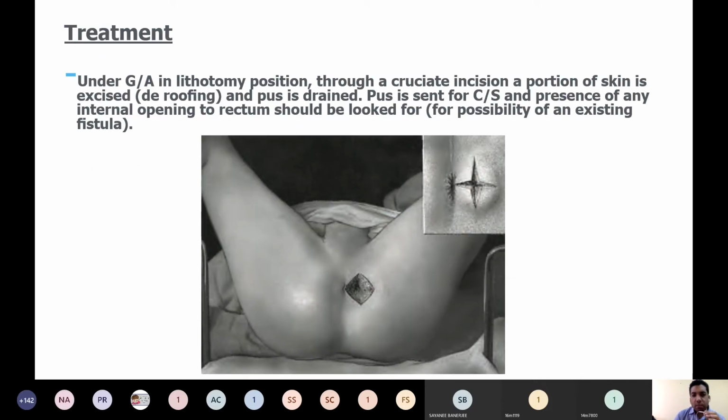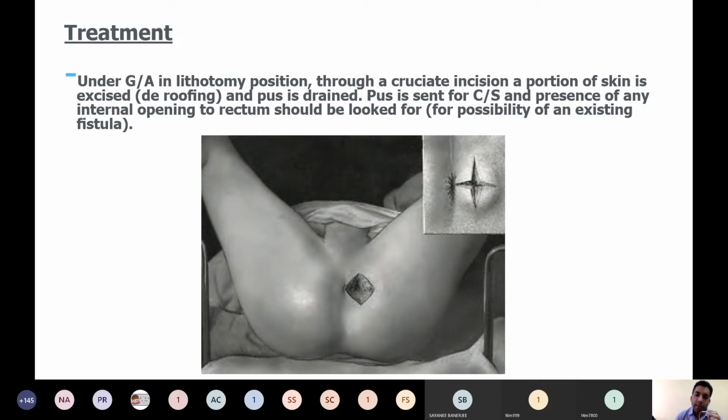Something which is deep seated, you cannot expect any fluctuation test to be positive. So treatment is again, you have to position the patient in lithotomy position, and then you have to give a cruciate incision. Can you see here? This is cruciate incision. Okay, and a portion of the skin is excised. You have to connect these points all across, leaving behind a rhomboidal shaped defect at the end of the procedure. The purpose of doing this is we don't want skin and subcutaneous tissue to close earlier than the cavity itself.